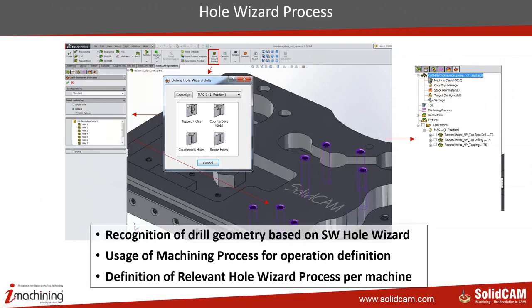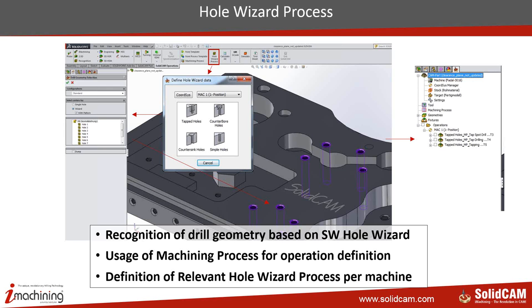But now we've added a new operation. Since we're working specifically on Hole Wizard, we have an operation called Hole Wizard Process, which makes choosing and creating the operations for those holes a lot easier. Let's see exactly how this works.